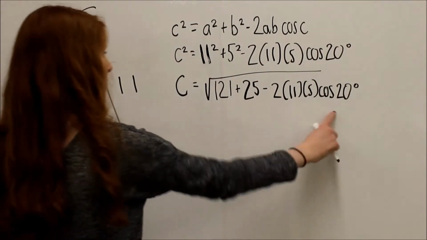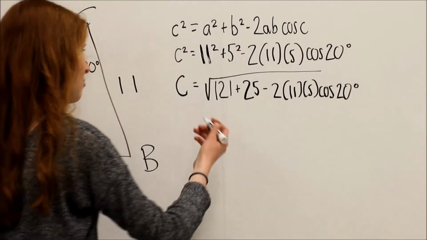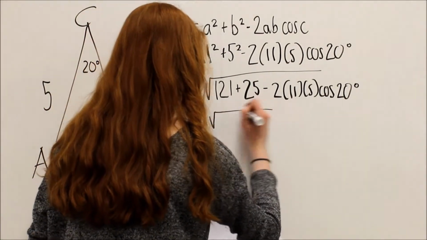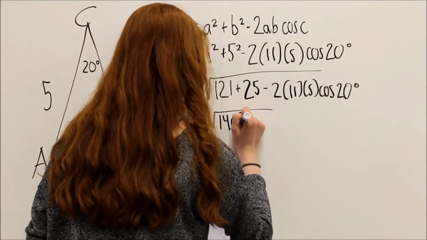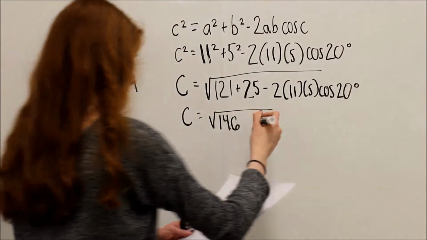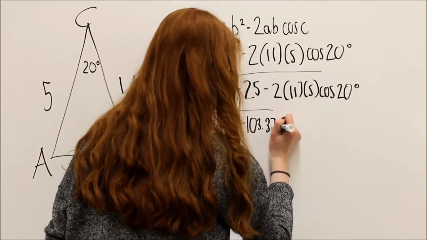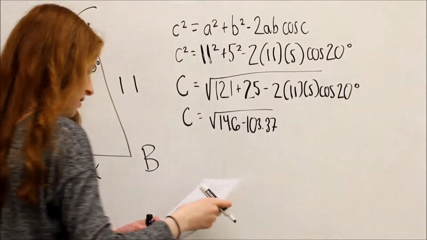Then you'll just simplify what is in the square root. So it would be c equals the square root of 146, because you just added these numbers, minus 103.37. You just multiplied that.